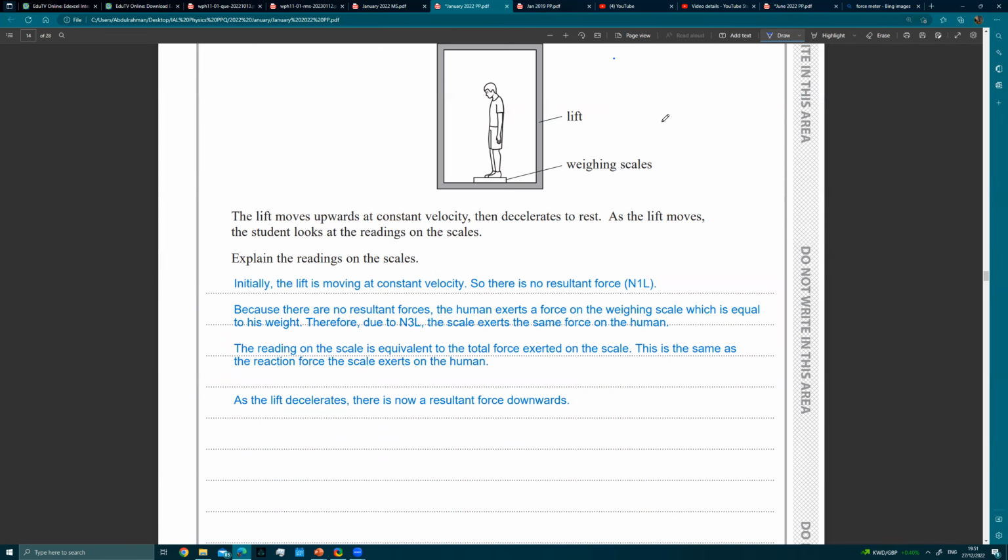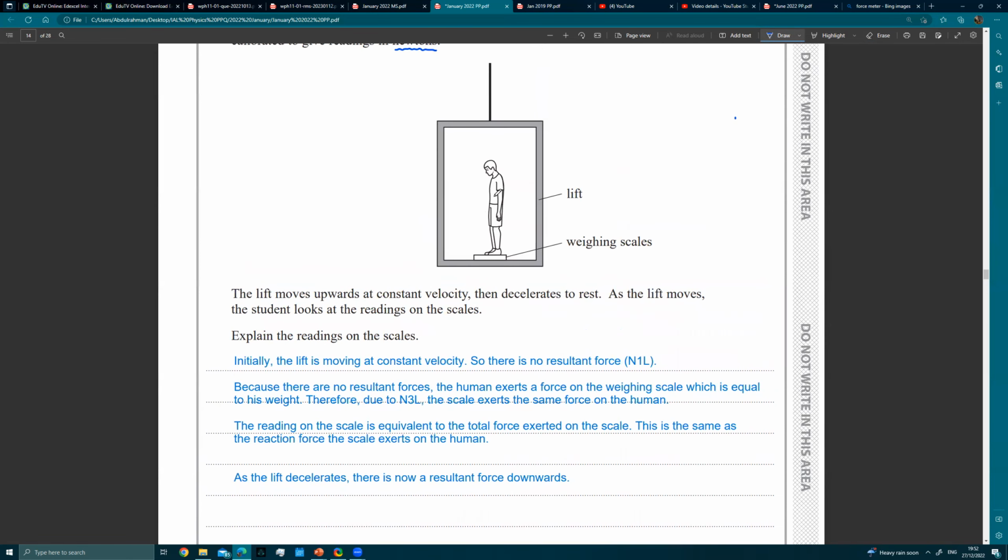is if the weight of the human is larger than the reaction force. Right? Because now your forces down are larger than your forces up. Let's consider the forces acting on the human once again.